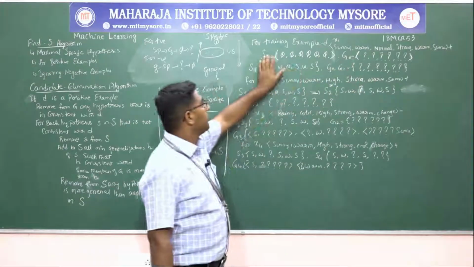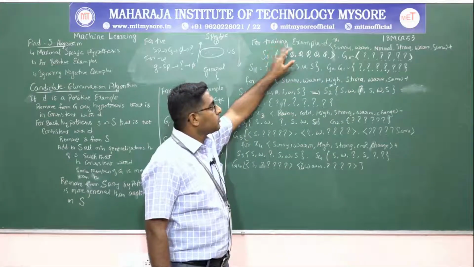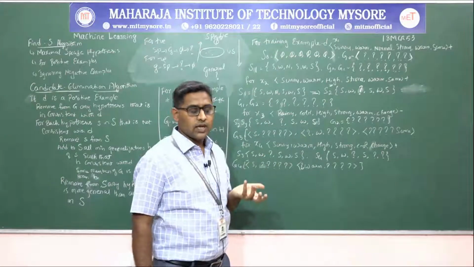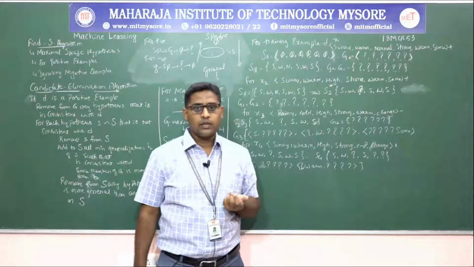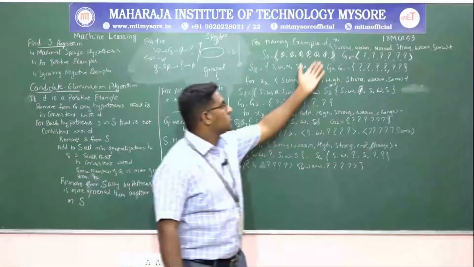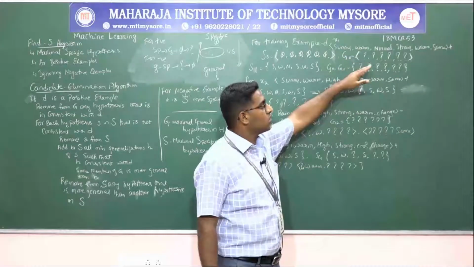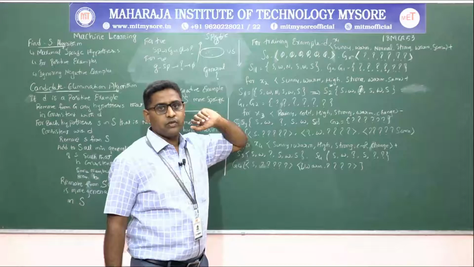So this is how we will be initializing the training data set for the example water sport. In the water sport we have 6 attributes. Again I will be repeating the same: sky, air temperature, humidity, wind, water and forecast. So the respective attributes will have the values sunny, warm, normal, strong, warm, same, and that will be a positive value.